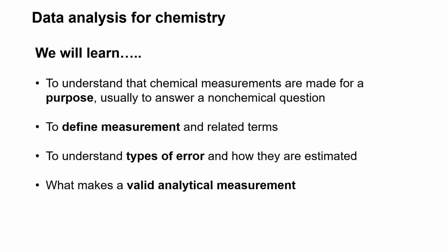A proper estimation of different types of error can also be included in the form of an analytical budget, and that analytical budget will help you to evaluate your data as a valid analytical measurement. So in this talk, starting from the basic measurements, we will conclude our talk with the valid analytical measurement data protocol.